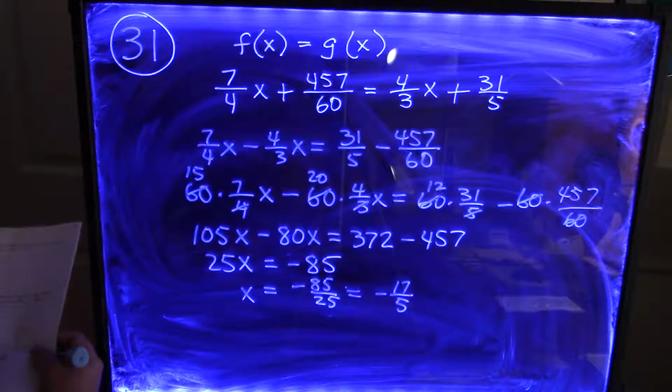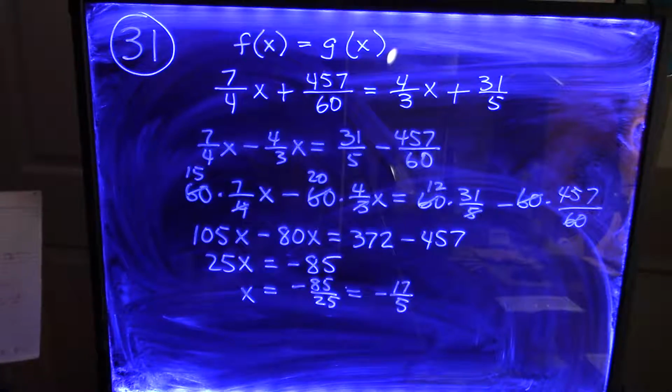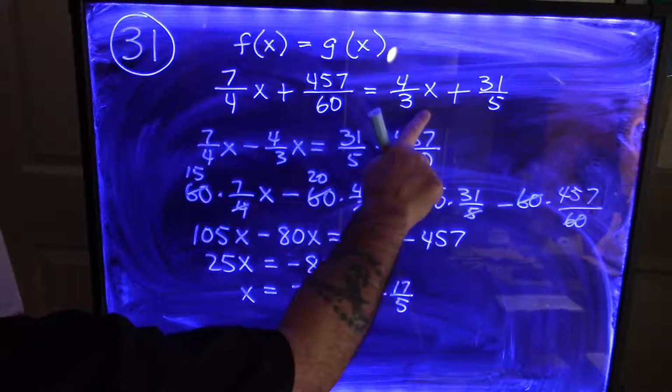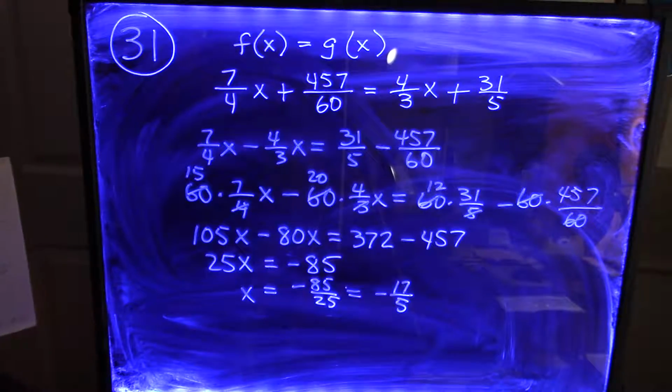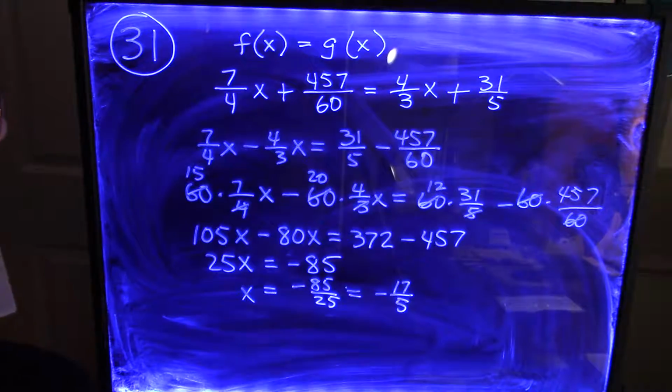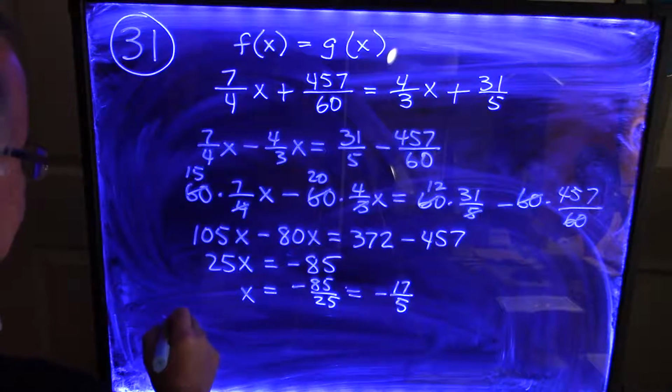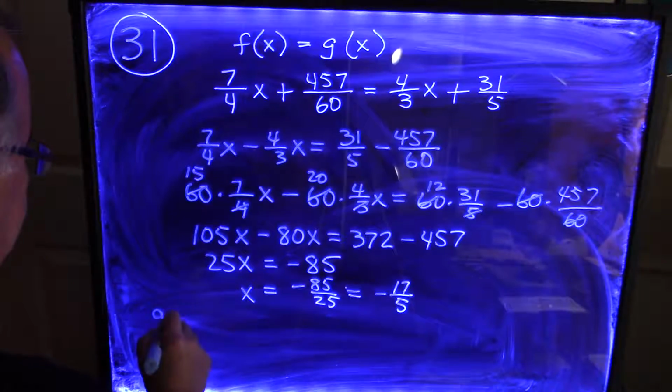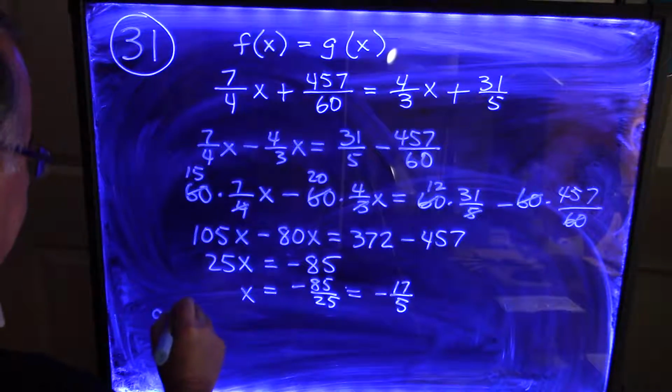Okay, now we need the y coordinate. So which one do we want to use? I kind of like g of x better. It's got smaller numerators and denominators here, so let's try that one. So we've got g of negative 17/5.